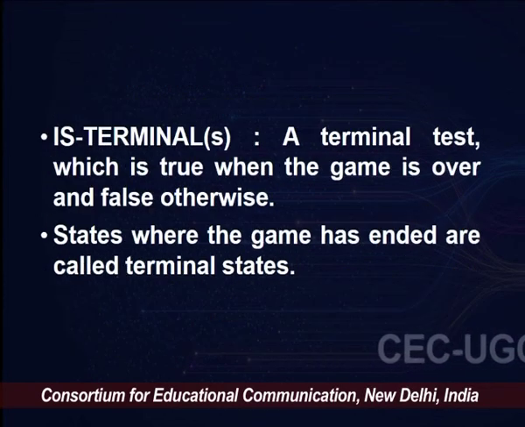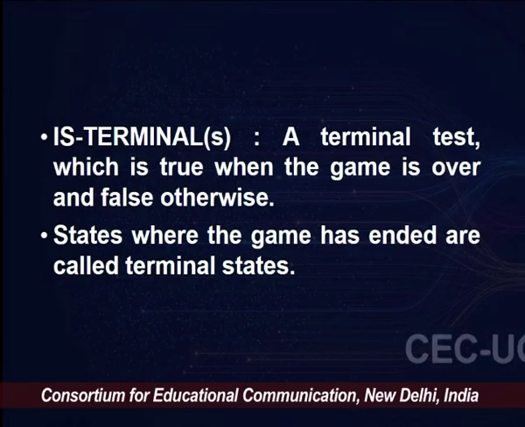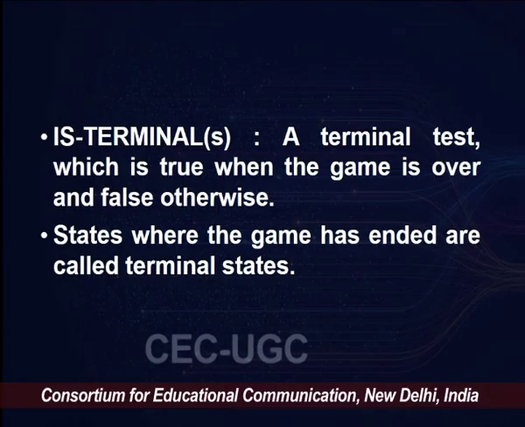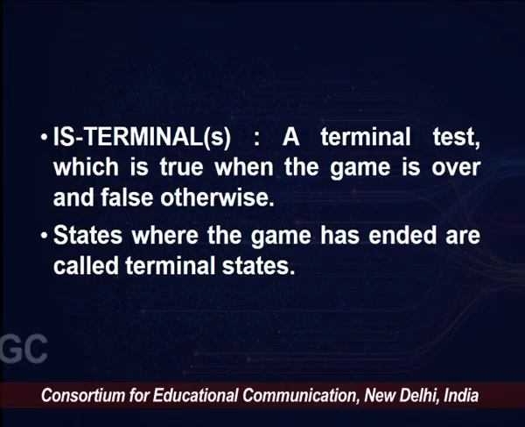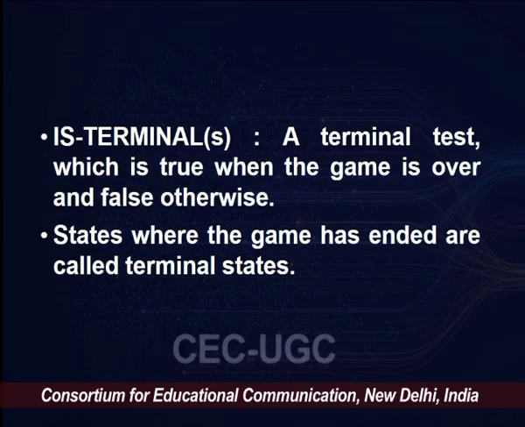Then the next dimension which we need to see is the terminal test, which is true when the game is over and false otherwise. That means if the game is over, it is known as the terminal state, and where we have started is known as the initial state, which is S0.